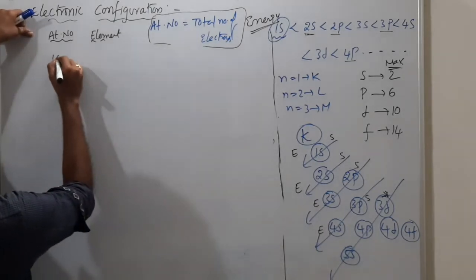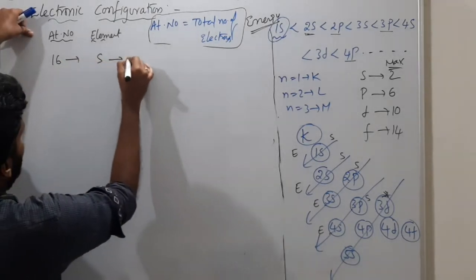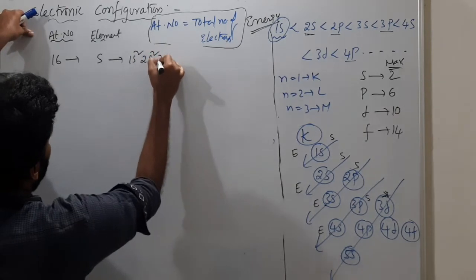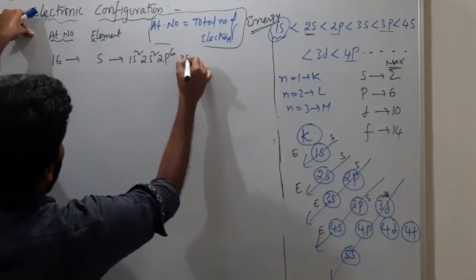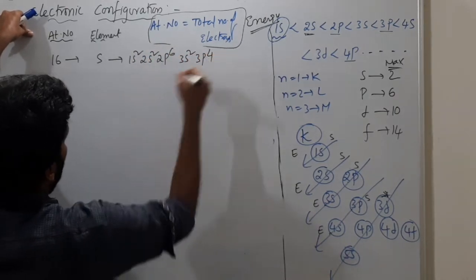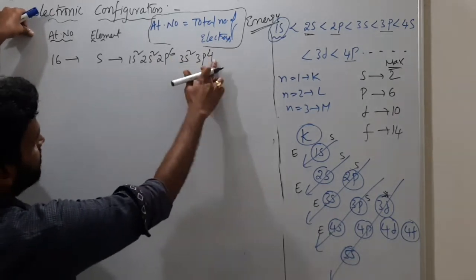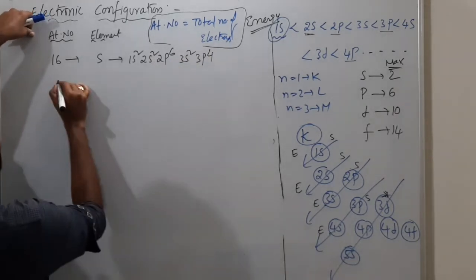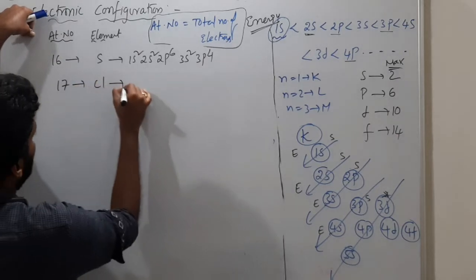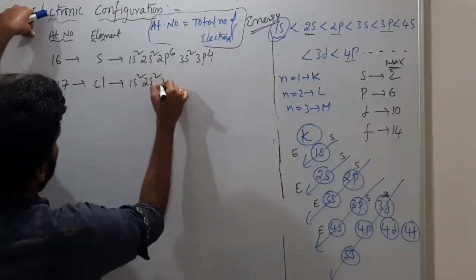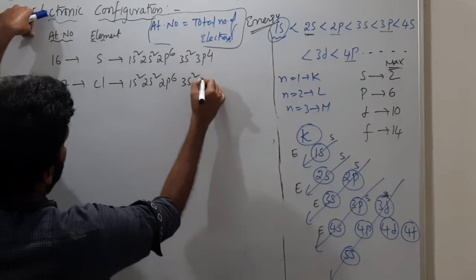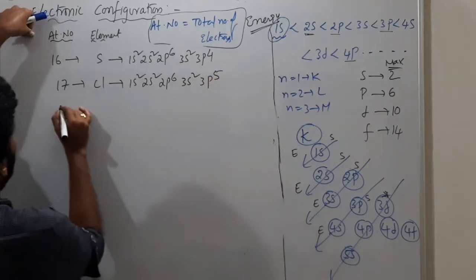Next, 16 is sulfur. Sulfur is 1s2, 2s2 and 2p6 and 3s2, 3p4. 10 plus 6, 16 electrons. 17 is chlorine, 1s2, 2s2, 2p6, 3s2, 3p5.